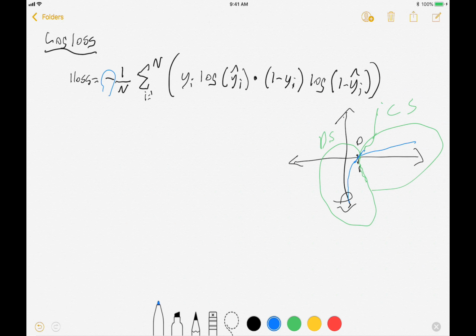The 1 over n, that part of it is essentially the average. So n is the number of elements in your training set. You don't want to have extremely large error for extremely large training sets. You want to normalize that, just like the percent on your exam paper.